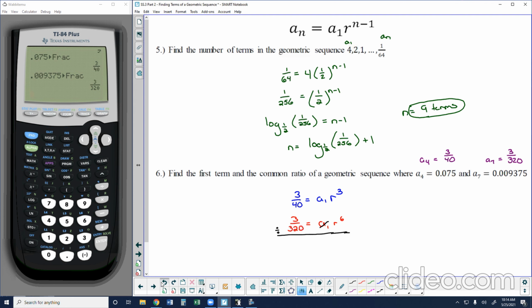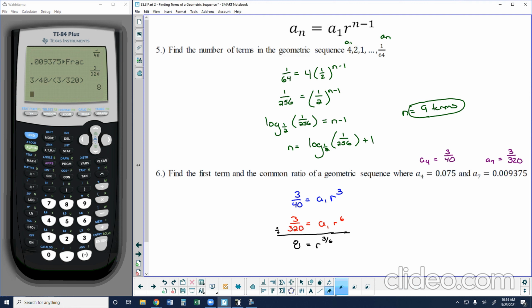So what I would get here would be 3 over 40 divided by 3 over 320, and this answer would be 8. The a sub 1's again would divide out, and if I divide r to the third power over r to the sixth, I can combine those through subtraction of exponents.